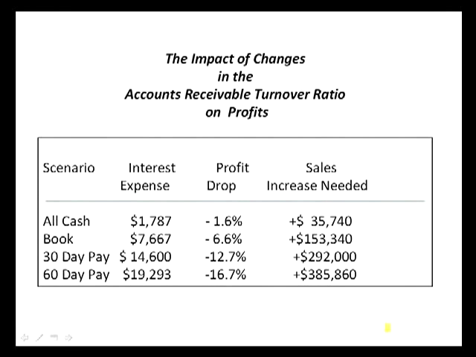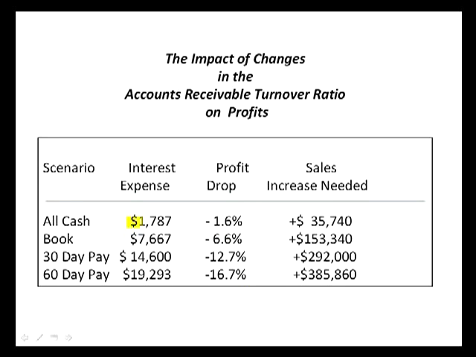Let's make sure we really see the impact of the things we've undertaken here. Let's step back for a minute and see what the effect of each of these scenarios is on the business's financial performance. If we assume they borrow their money at 8% and use an average balance for the 6-month period, we see some big changes in interest expenses. Let's start with our least cost approach, which is the all cash one.